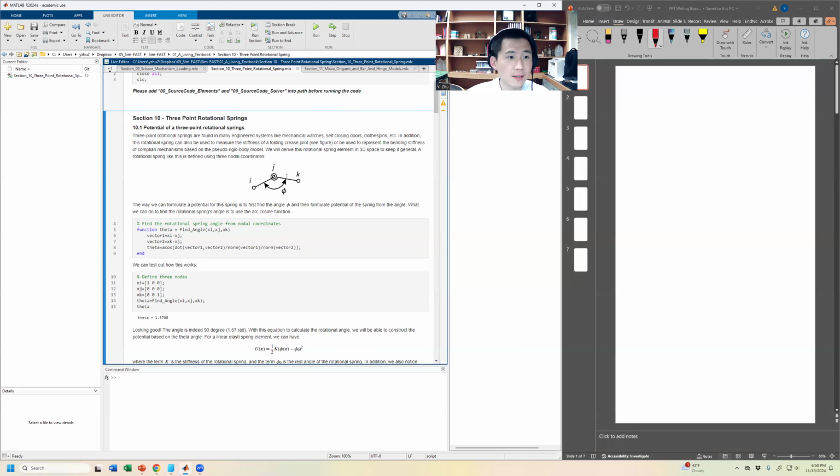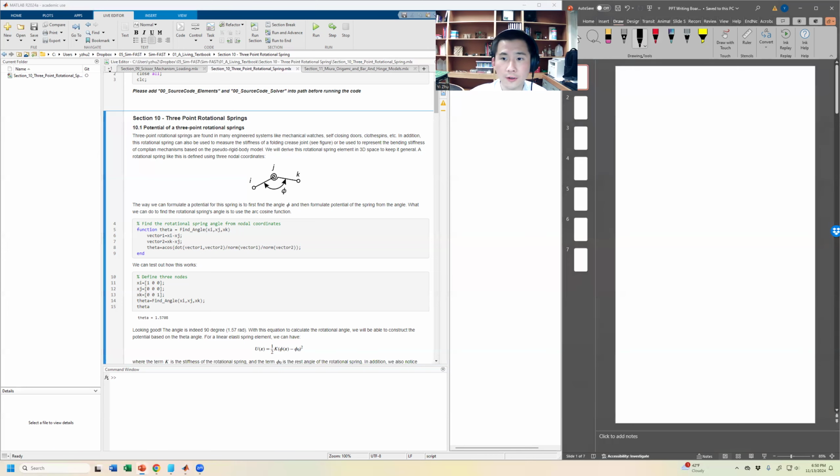So to define these 3-point rotational springs, we need to calculate the angle between two vectors formed by the three nodes, right? So let's get started with the three nodes. These three nodes are xi, xj, and xk, all 3 by 1 vectors.